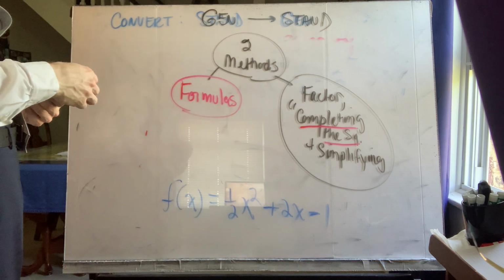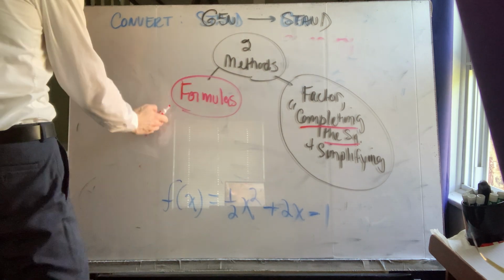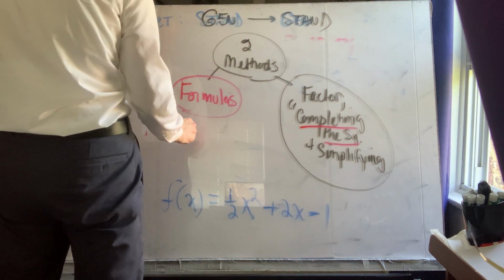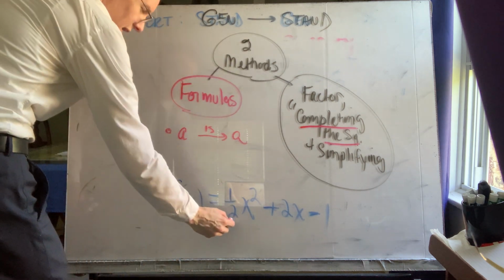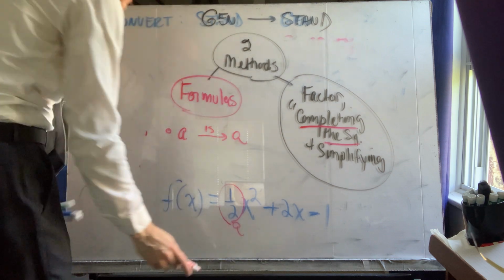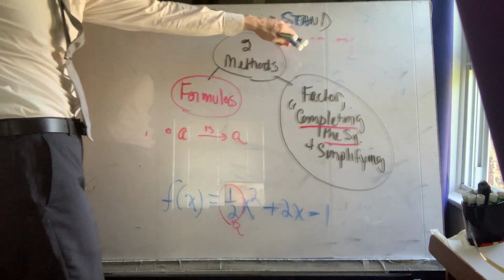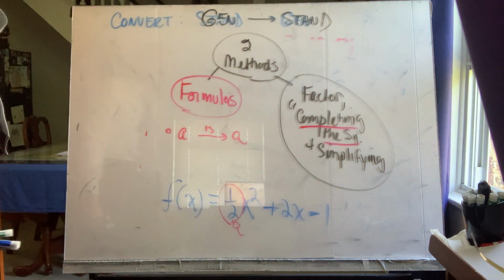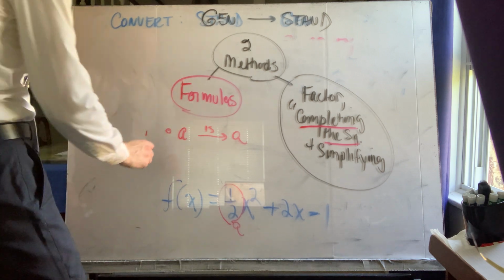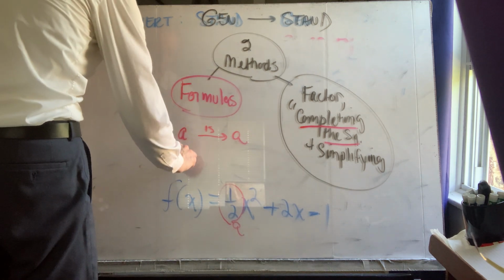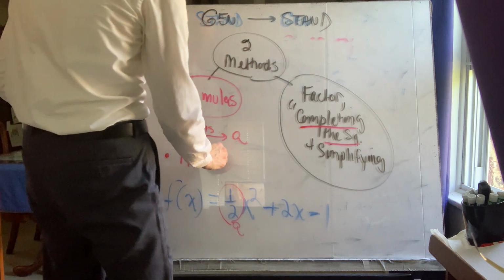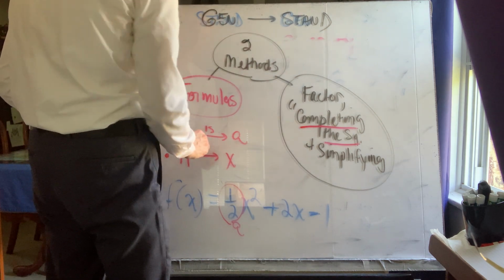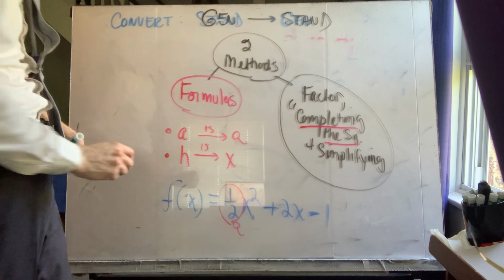The good news is that a is a, right? So if you know what the a value is here, then the a value would be the same in the standard form. The other thing to consider is the h value. The h value is really the x of the vertex.